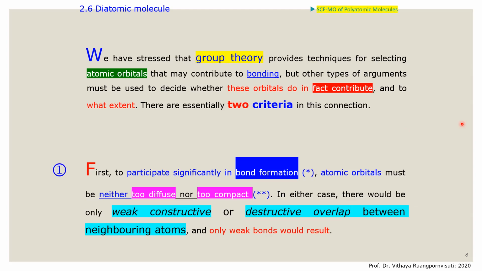The first: to participate significantly in bond formation, atomic orbitals must be neither too diffuse nor too compact. Otherwise, there would be only weak constructive or destructive overlap between neighboring atoms, and only weak bonds would result.